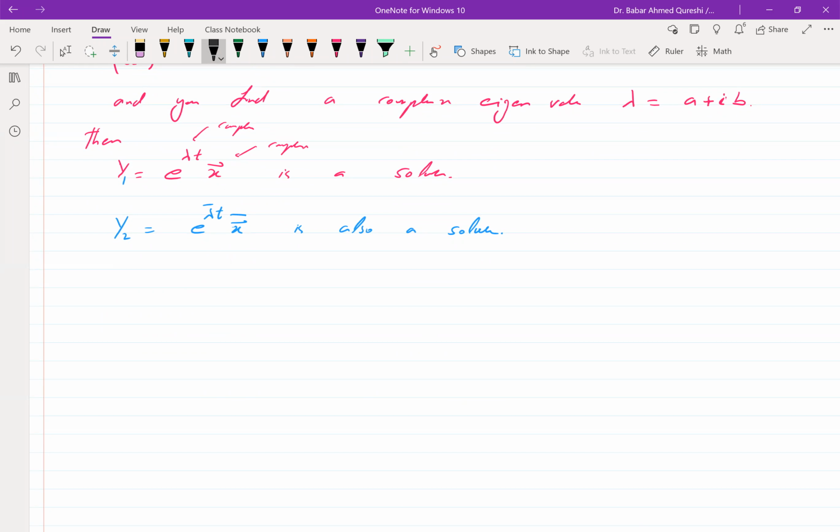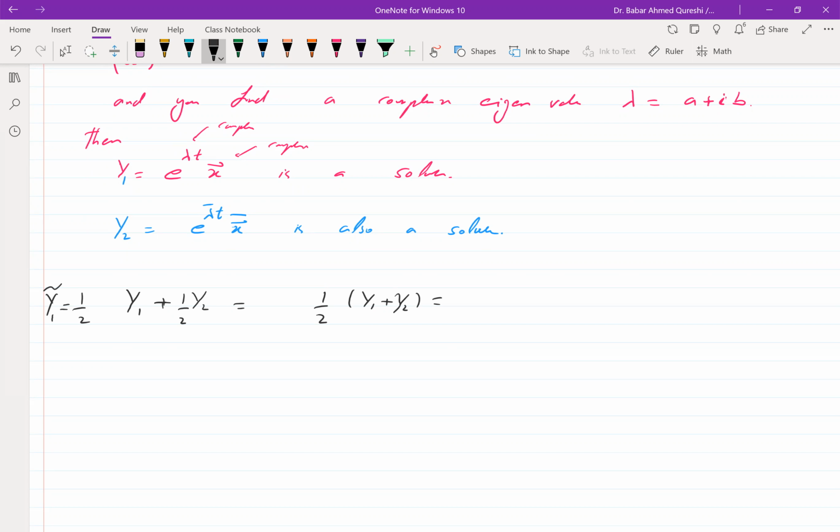Now I know that since any linear combination of them is a solution, I make this linear combination: half y1 plus y2, and call it y1 tilde.